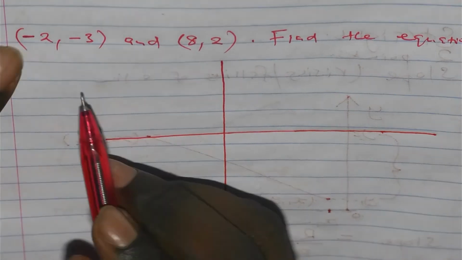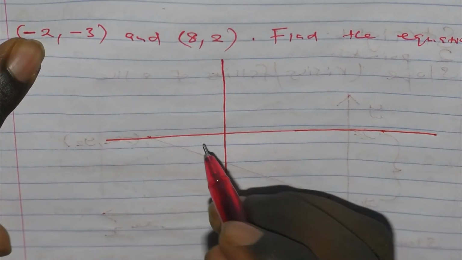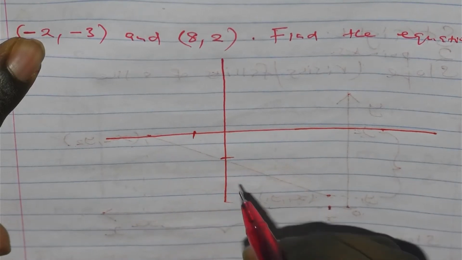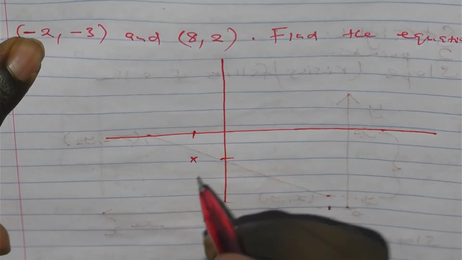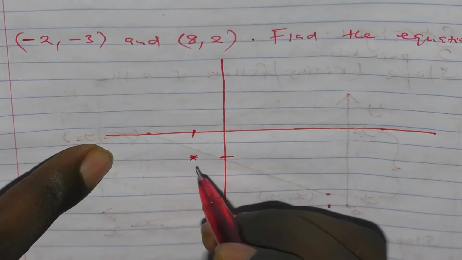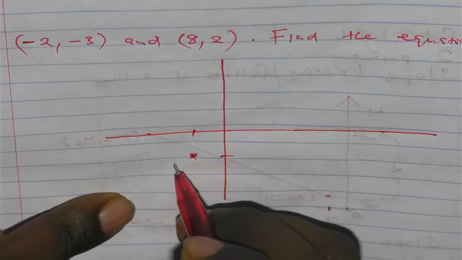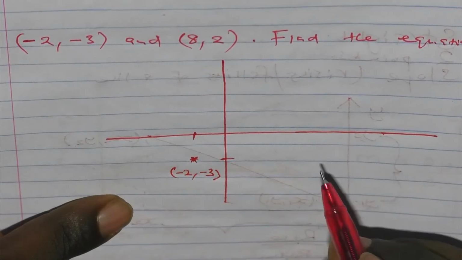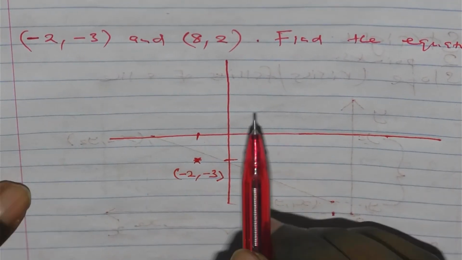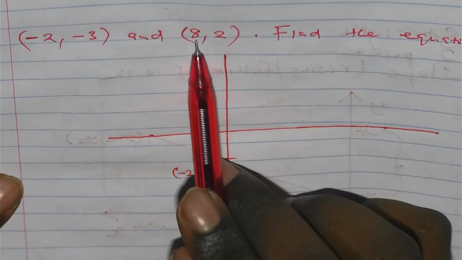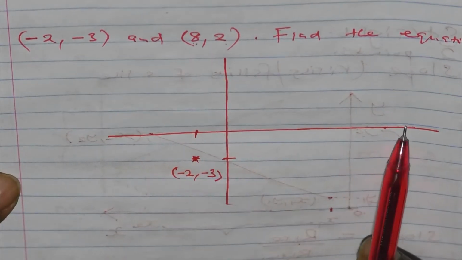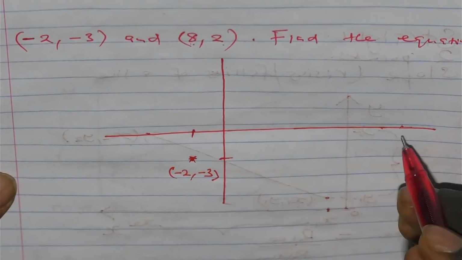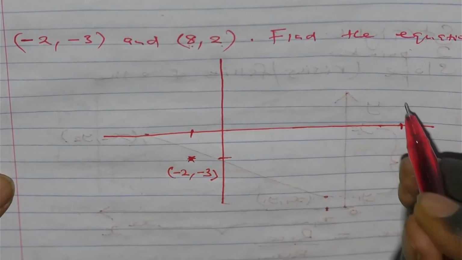Like this one is at point (-2, -3). So let's say these are -2 here. Let's say these are -3. Wherever they meet, that's our point, okay? So this is going to be our point (-2, -3). And then we have our point (8, 2). x is 8, y is 2, okay? So let's say this is our 8 and this is our 2 here.